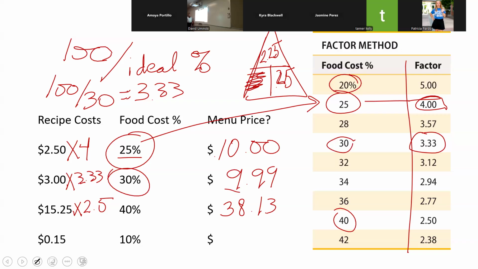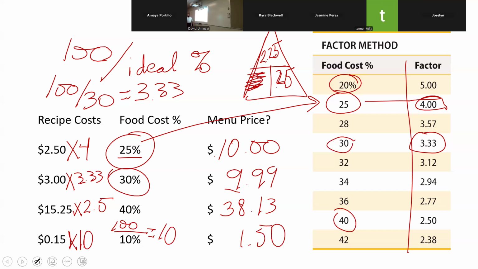And then the last one. What is our factor? What is 100 divided by 10? Our factor is 10. So that's where we're going to multiply by 10. And we get $1.50. Right? Amaya, do you still have a question or was that hand from earlier? Oh, perfect.